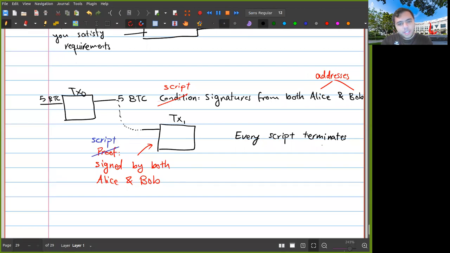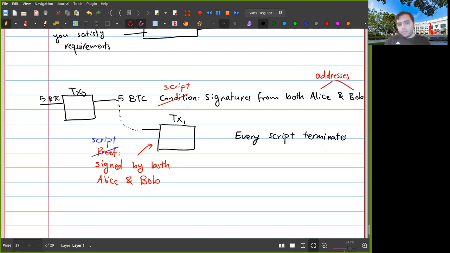If your block can be 10 to the power of 6 bytes at most, that means your transaction can be at most 10 to the power of 6 bytes. Of course, a little bit less because you also need block headers. So that means that your script cannot be too long. And since your script cannot have loops or recursion or anything like that, it's just a straight line program. So it will easily terminate, and it will terminate in a very short time.